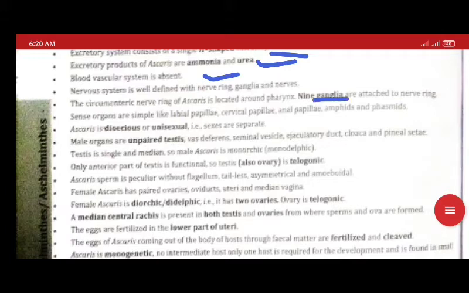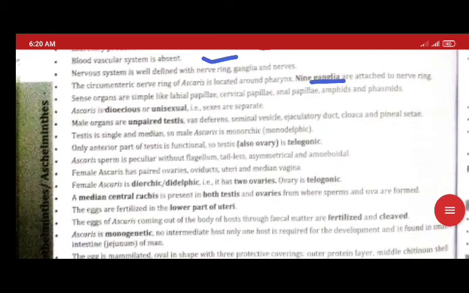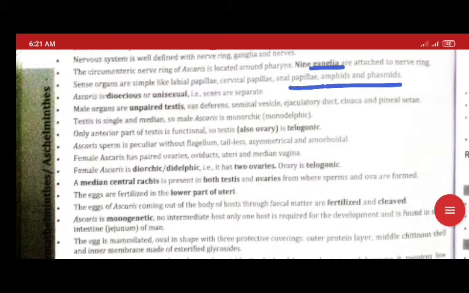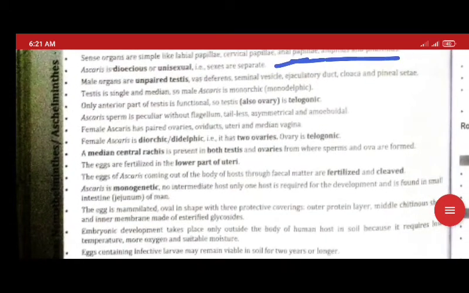Now we have 9 ganglia in the nervous system here. Now, sense organs like amphid and phasmid with papillae. It is dioecious, means separate sexes. Now this is main important. As male organ is unpaired testis, means only one, but female is paired.